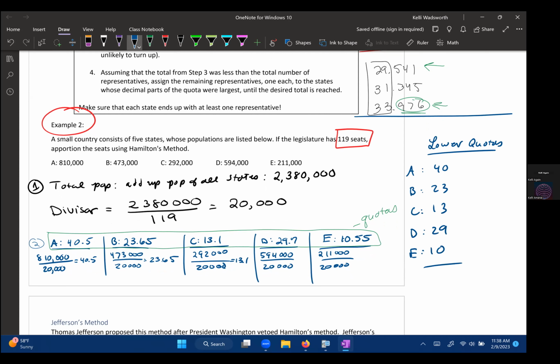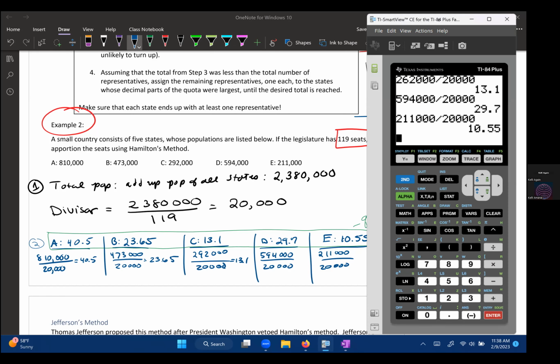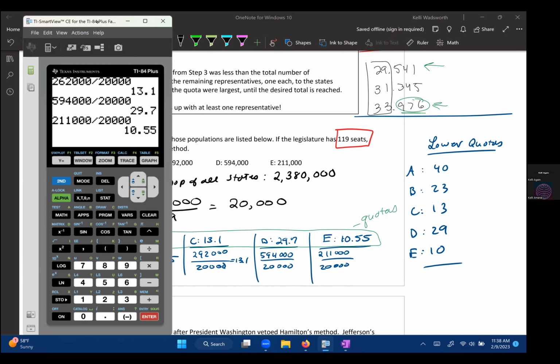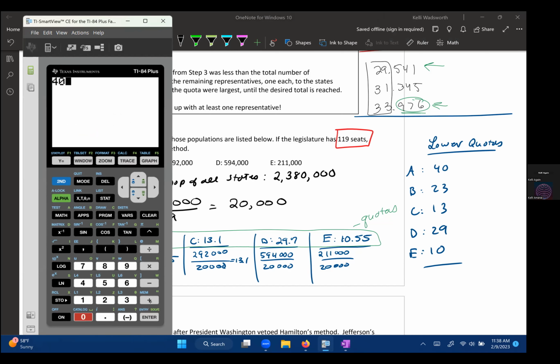Now, if we add those all up, how close are we to 119? We have to add them up to see, because maybe it's perfect. Probably not. So we add 40 plus 23 plus 13 plus 29 plus 10. Okay, 115.